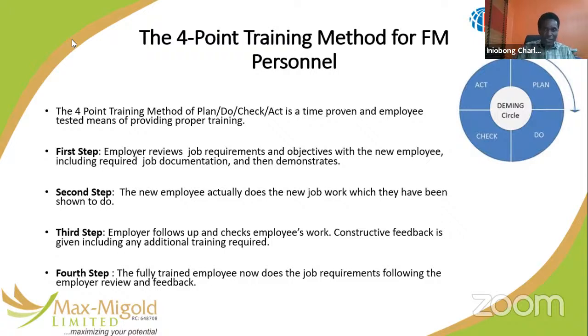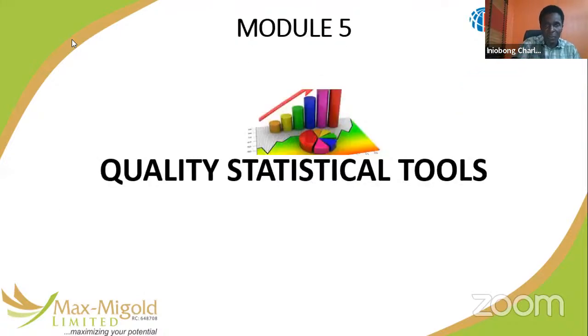So you need to train them. After training them, you allow them to implement by doing what they've been trained for. While they are doing that, you are monitoring them. And if there is any part they are not doing well, you check and you try to correct. So it's a cycle, and this helps to train the personnel that you are working with.